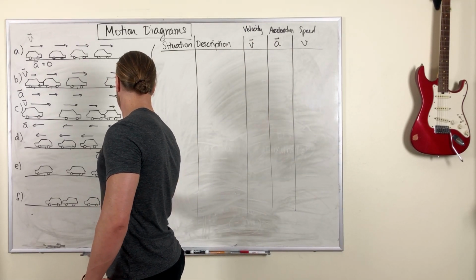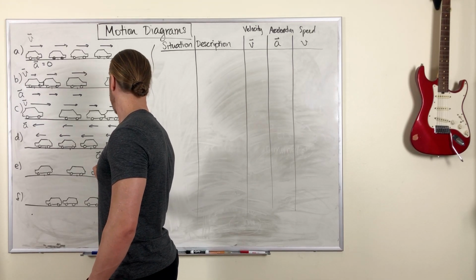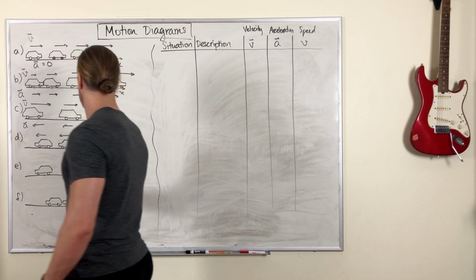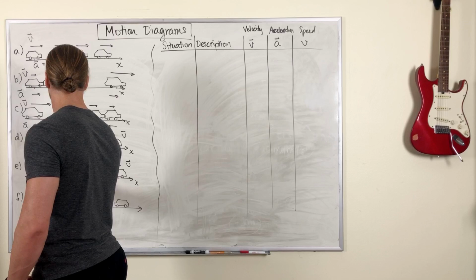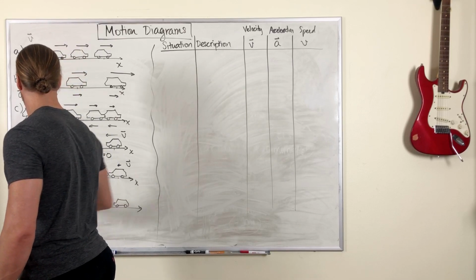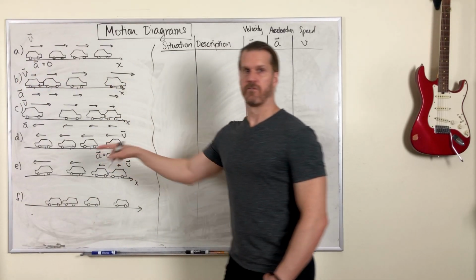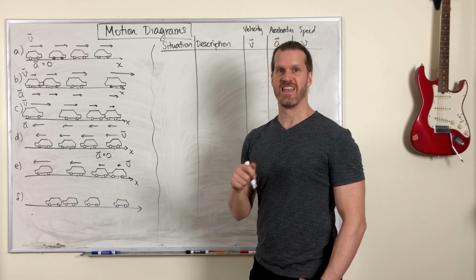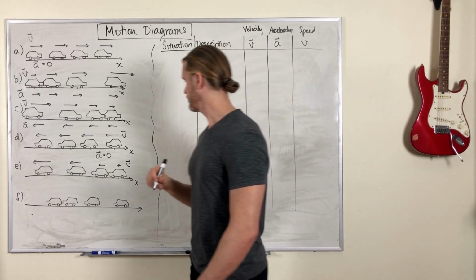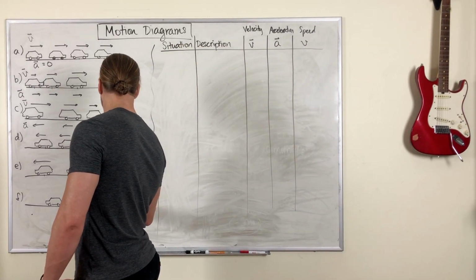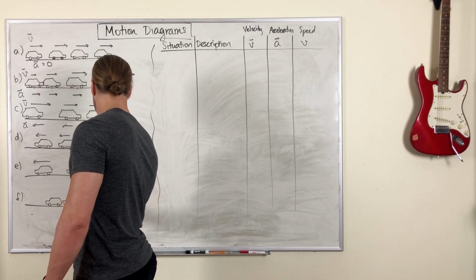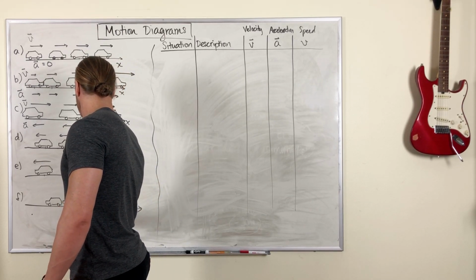So it starts out with a small velocity. That velocity vector increases in magnitude as time goes on. Velocity vector points to the left in the negative x direction. So that must mean that the acceleration vector also points to the left.